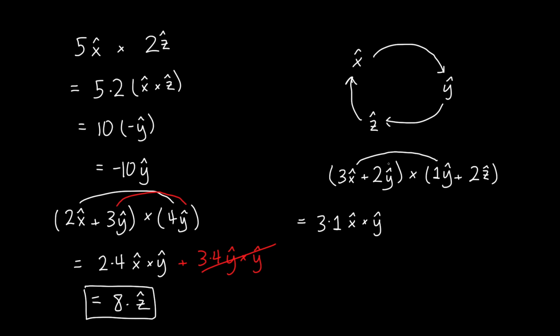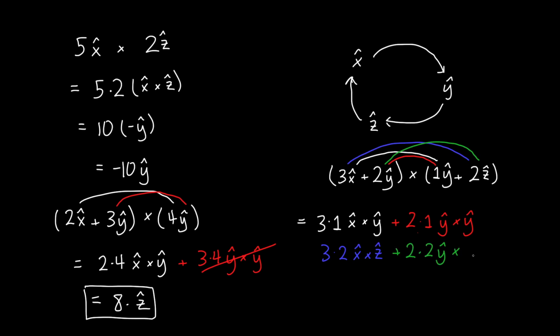The second one is going to be our 2y hat crossed with 1y hat, so plus 2 times 1 y hat cross y hat. And then our third term is going to be this one here, so plus 3 times 2 x hat cross z hat. And then our final term is going to be these two. So 2 times 2 y hat cross z hat.